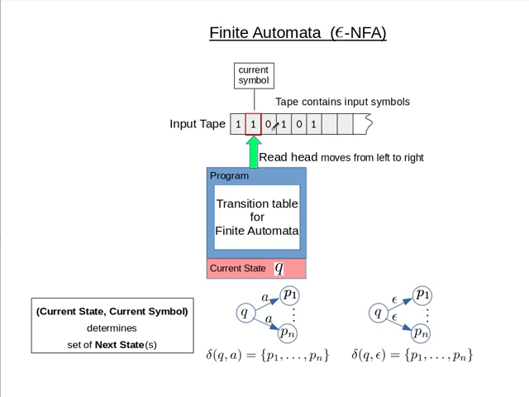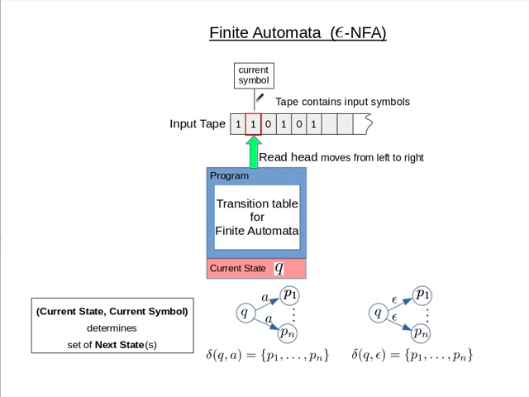The string itself is finite, but the tape is infinite, so it can accommodate a string of any length. Then this machine has a read head. The read head starts at the initial position, and at each time step it moves to the right through this tape, and at any point of time it is looking at some symbol, which is the current symbol.